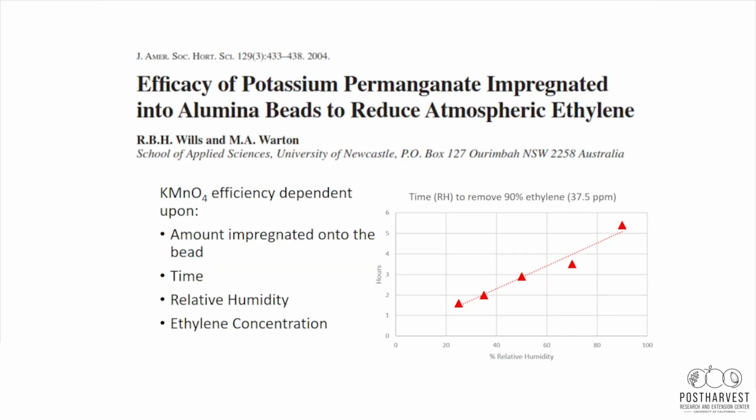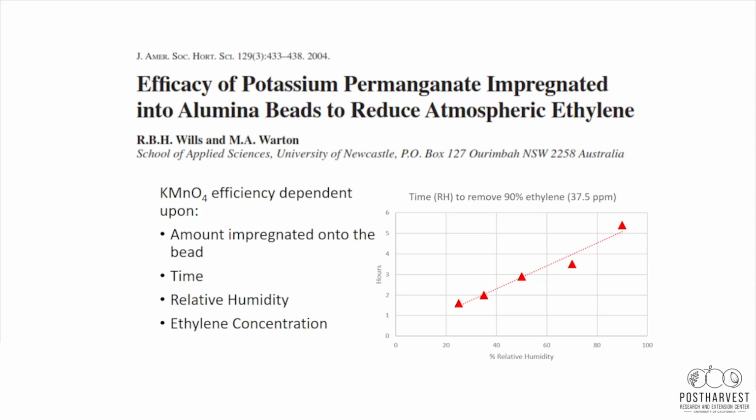And this is a very nice paper that shows the efficacy of potassium permanganate beads and how it is related to the relative humidity. Potassium permanganate efficiency is dependent upon the amount impregnated on the beads, the time of exposure, the relative humidity, and the ethylene concentration. So you see here a chart on the right.